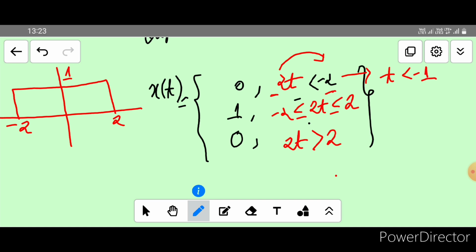Then if we take the 2 to the other side, it will be minus 1 less than or equal to t less than or equal to 1, and in this line t will be greater than 1.